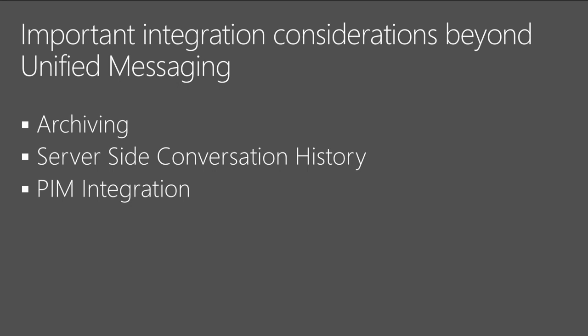So the mobility client will now, and I'm going to look at the call flows here. There are some other PIM integration pieces that you have to be worried about. Think about your out of office message that you set in your calendar, and you want to get that into Skype for Business so that other users see your OOF message. That's also done through EWS. It won't happen with a mobility client.